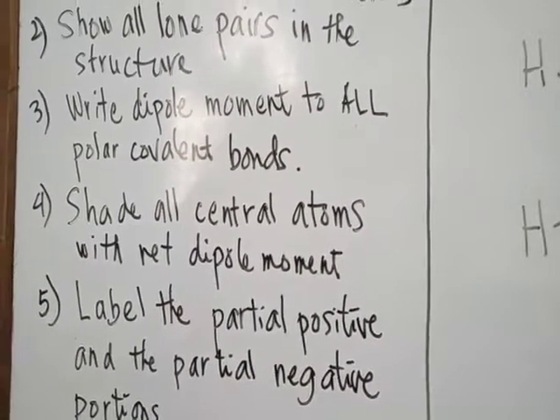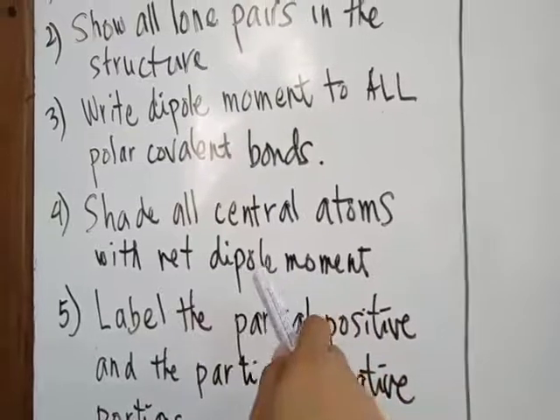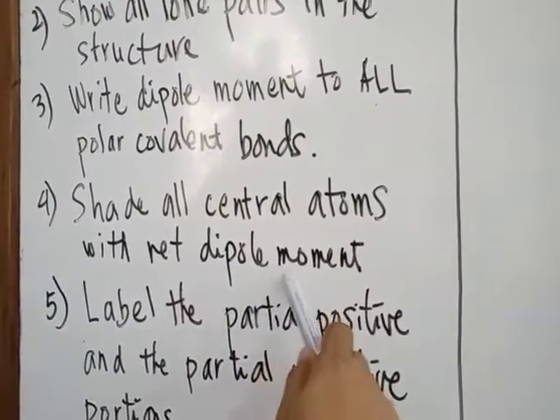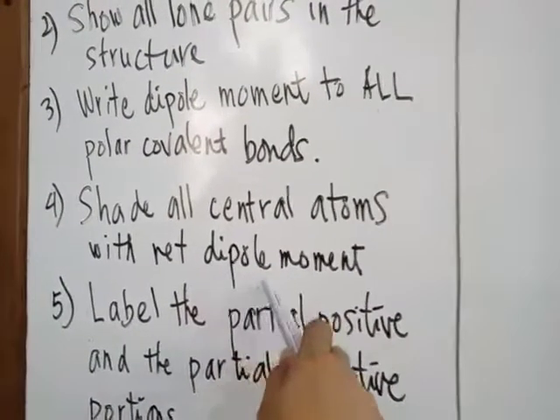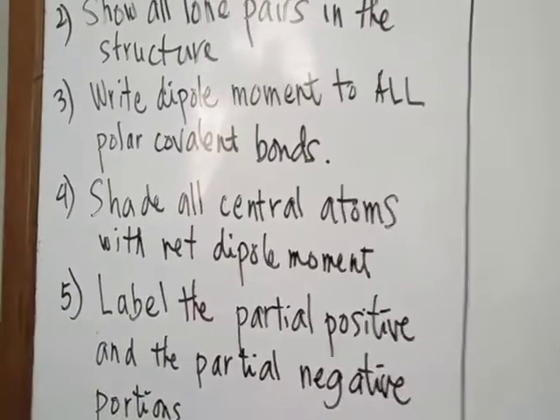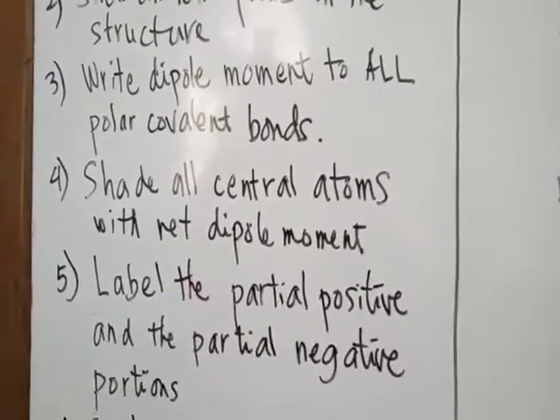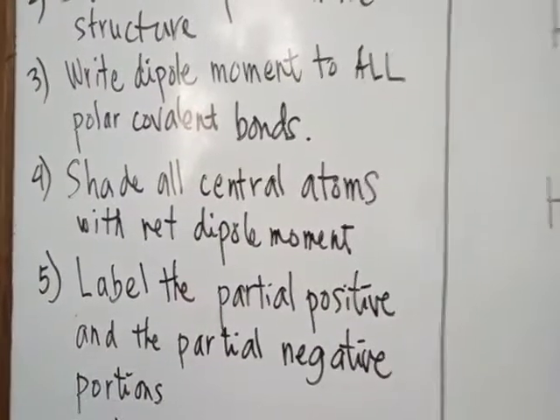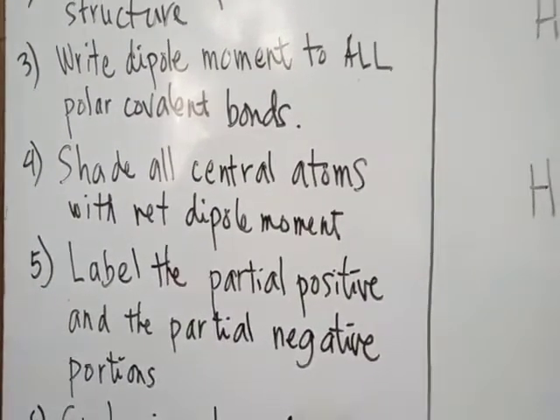Okay, so what you will be needing here is, number 1, you have to know the geometric shape of a central atom. Number 2, you have to know the dipole moments acting on the central atom.